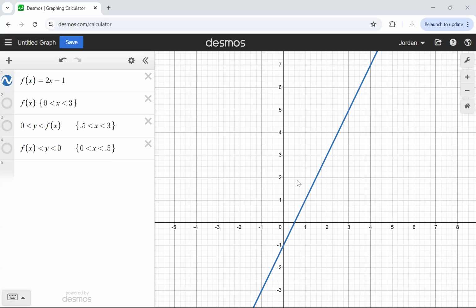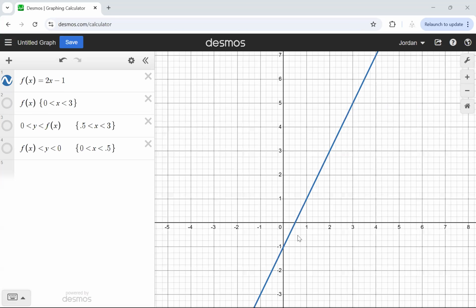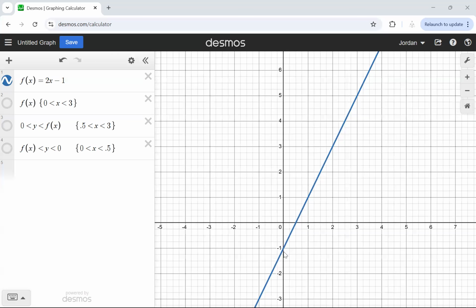All right, I have graphed this line on the math tool Desmos. And Desmos is a really nice math calculator, so I'm going to use that a lot. But you can see that this line, f of x equals 2x minus 1, does this. Now, we're actually only interested in the line between the x values of 0 right here and 3.